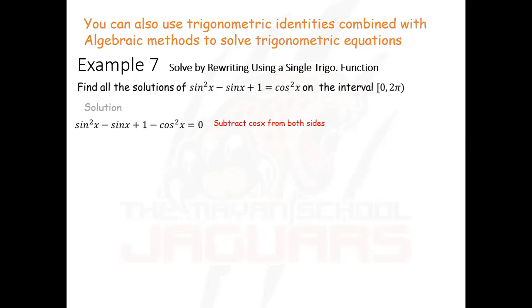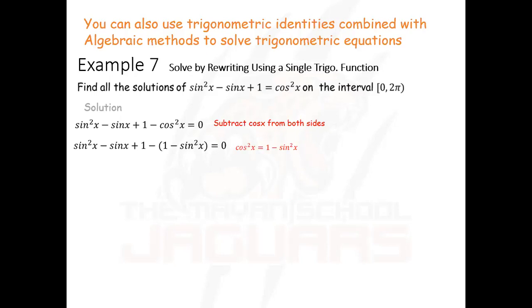And we move the cosine squared of x to the left side, and the expression becomes sine squared of x minus sine of x plus 1 minus cosine squared of x. And here comes the recommendation that it seems will work. I know that one of the Pythagorean identities says that sine squared of x plus cosine squared of x equals 1.